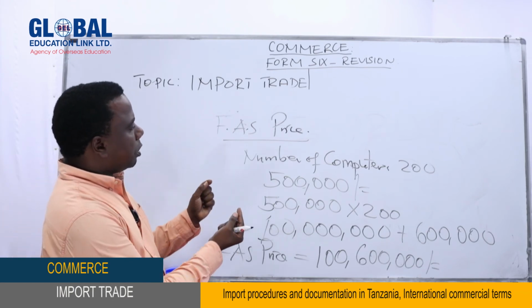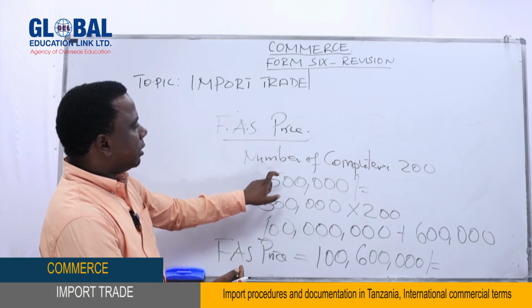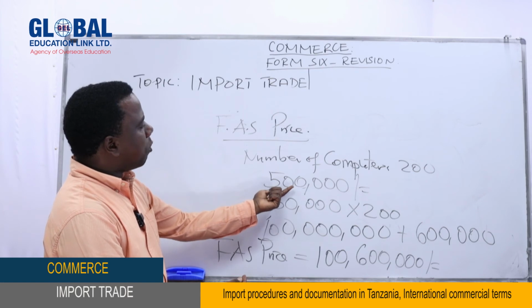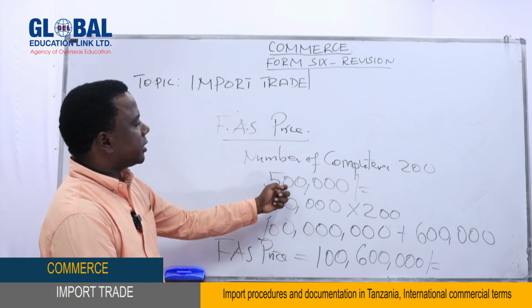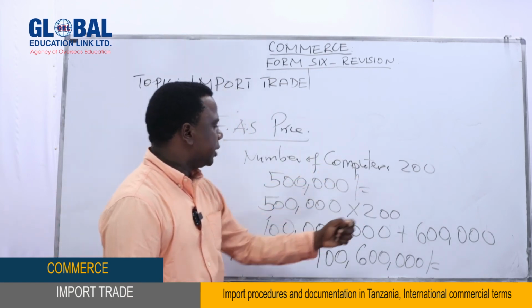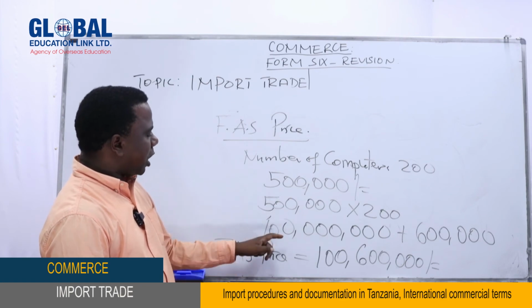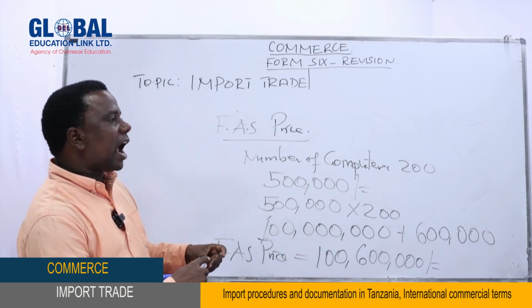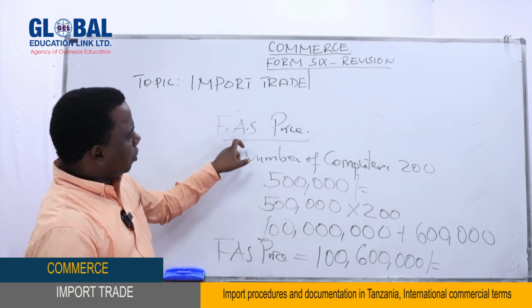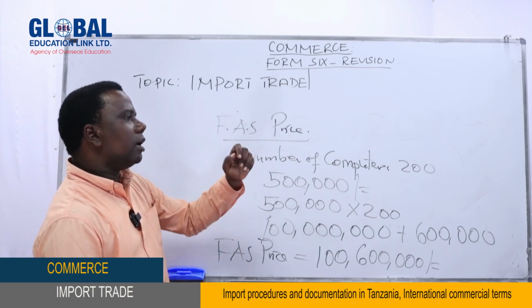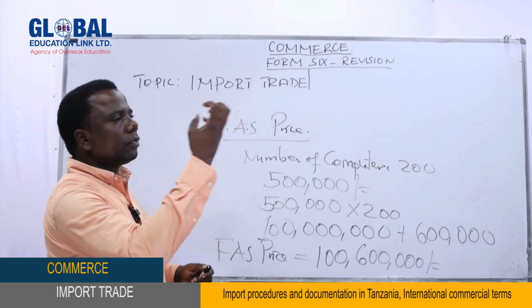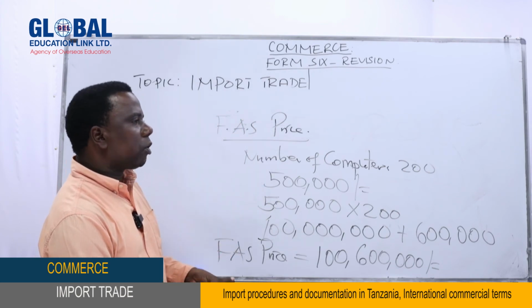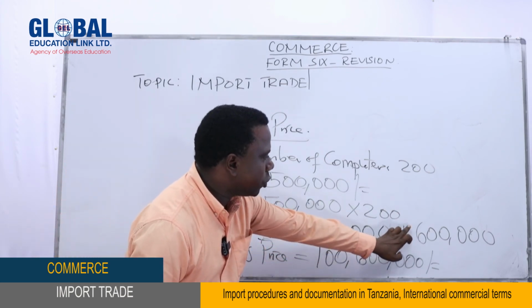You take the cost of each computer, which is 500, number of computers 200, and then you multiply, you get 100 million. But also this price includes the cost of delivering those goods to the port. Now the cost is 600, so you add.